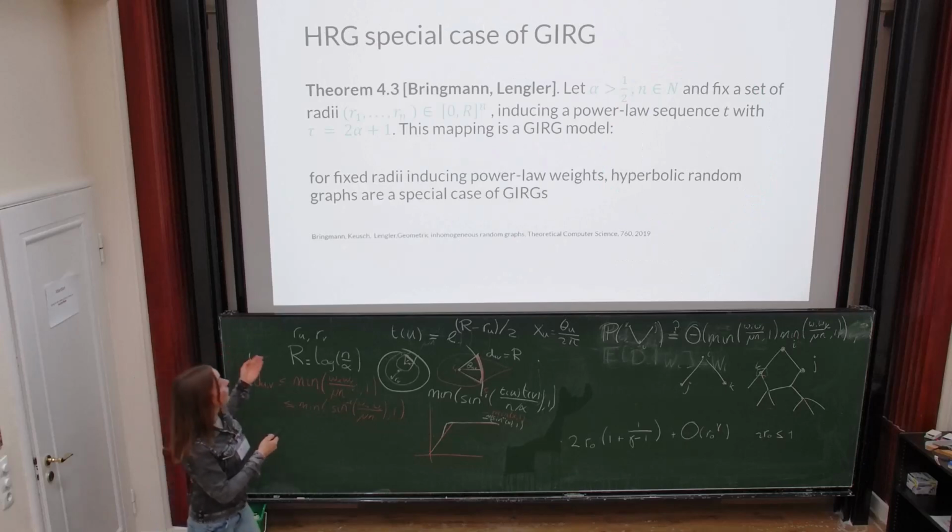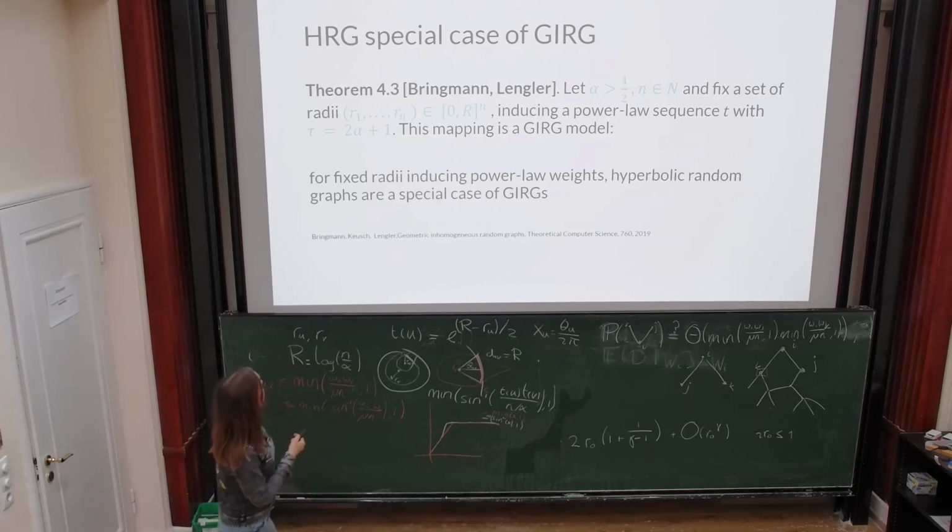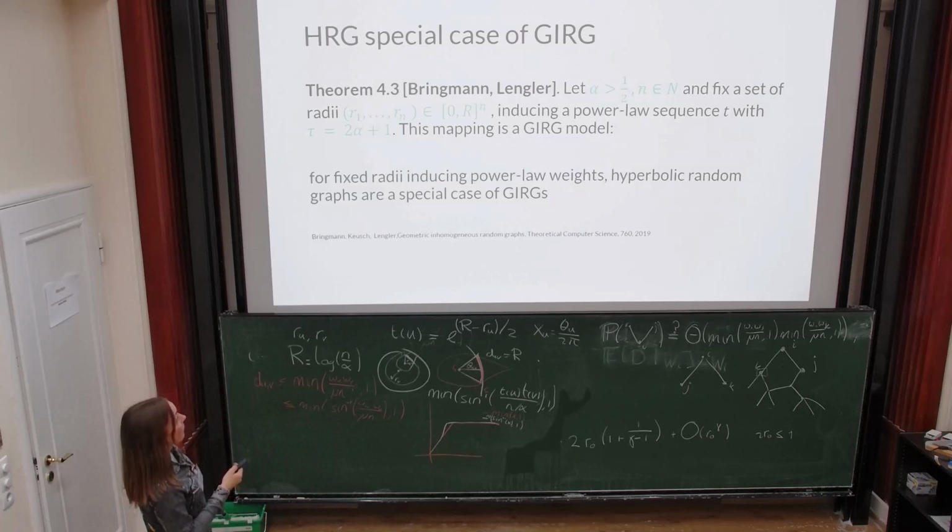And this has actually also been proven by the people who introduced this geometric inhomogeneous random graph. They showed that if you fix some alpha of this hyperbolic random graph, and if you fix the radii, which should induce a power law sequence, so the types should have a power law distribution, then it gives a geometric inhomogeneous random graph with power law exponent 2 alpha plus 1.